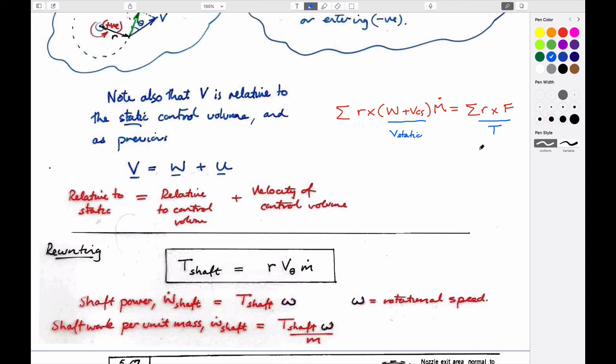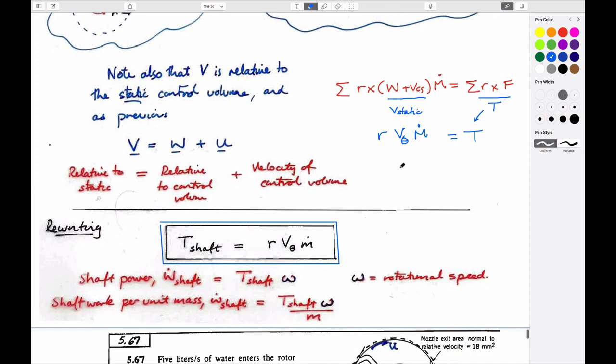In simpler form, this upper term here can be written as radius multiplied by the component of the velocity multiplied by mass flow rate, which is just equal to the torque, which is basically this expression here. Which is just a derivative of this, or a direct consequence of this expression here.